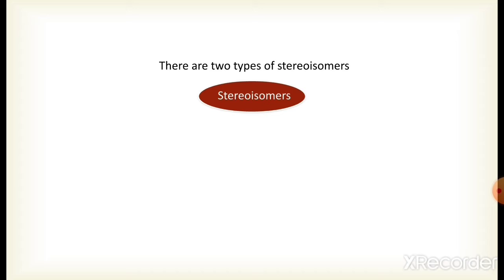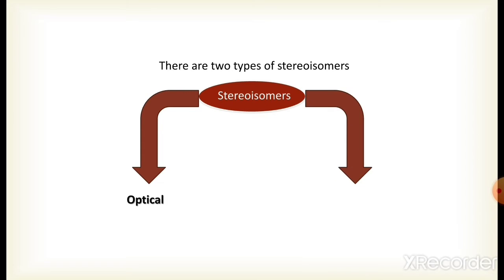Now, there are two types of stereoisomers. One is the optical isomer, and the other is the geometrical isomer.